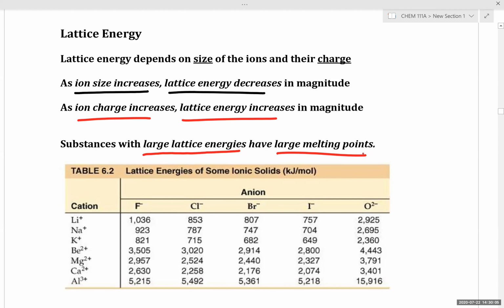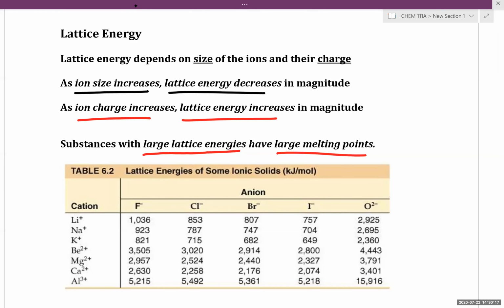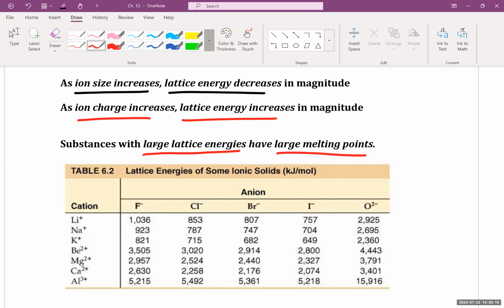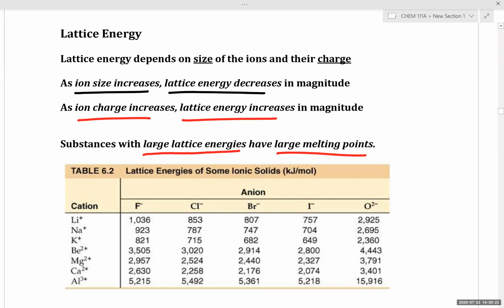So sometimes for very high temperature reactions, you make a potassium chloride bath of ionic salts. You're not going to try that with something like calcium oxide. That's going to an extremely high temperature. So the lattice energy is directly related to the melting point. The larger the lattice energy, the larger the melting point.